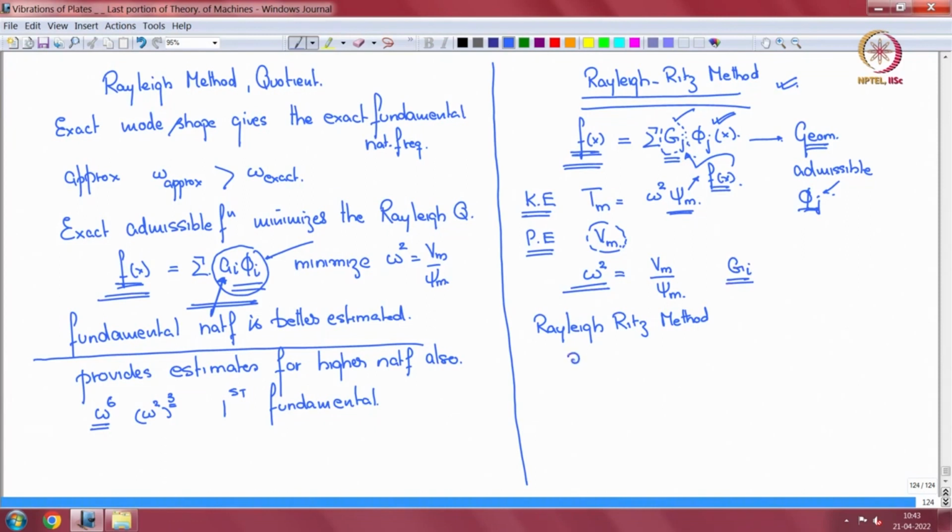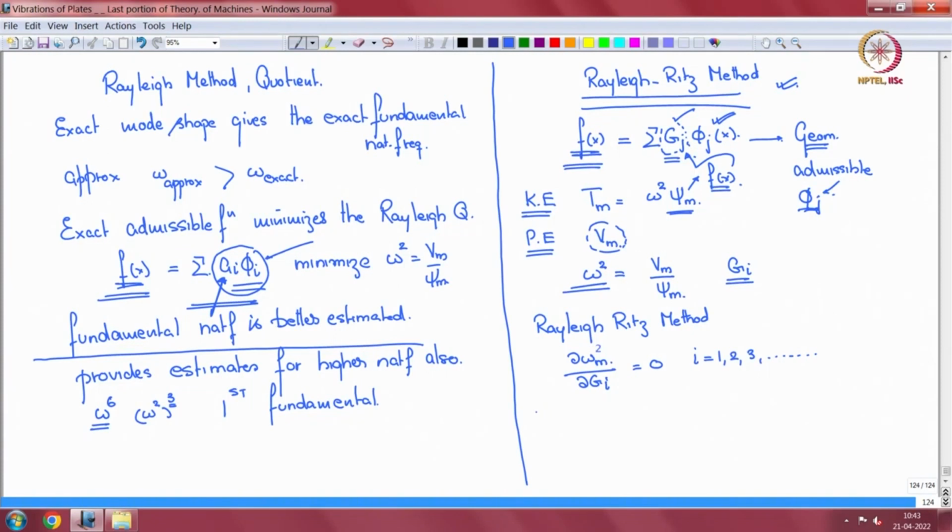So I set the minimum as del by del g i equal to 0, i going from 1, 2, 3, etc. So you see that in trying to find the fundamental, as a bonus we get a bunch of equations that provide higher natural frequencies also.